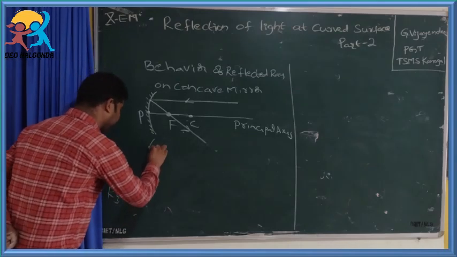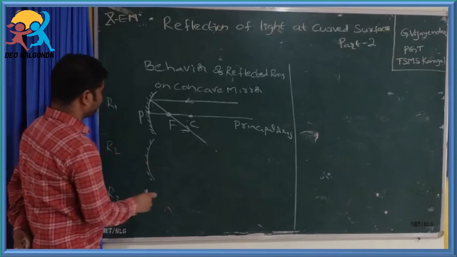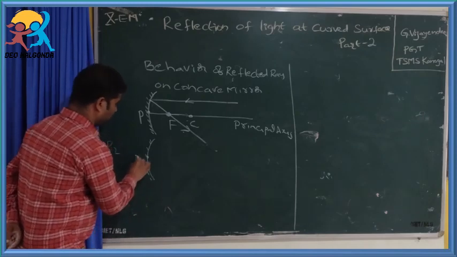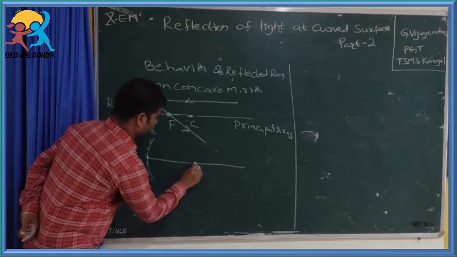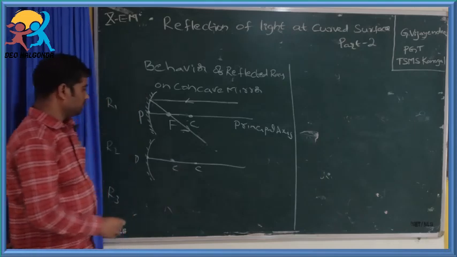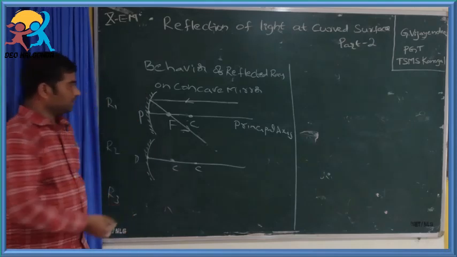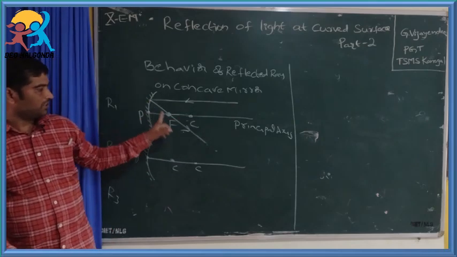Second one: pole, center of curvature, focus. Here in the first case, the incident ray is parallel to the principal axis, and after reflection it passes through the focus.